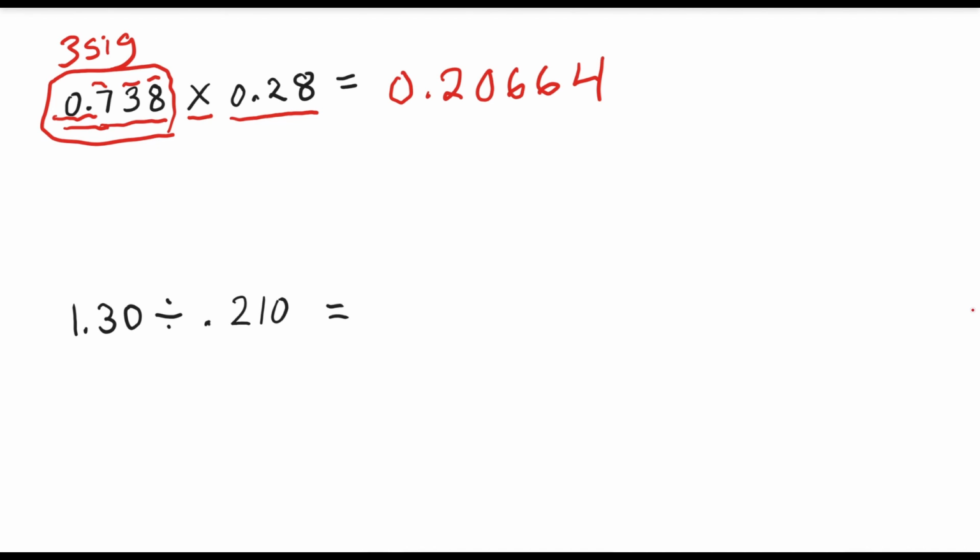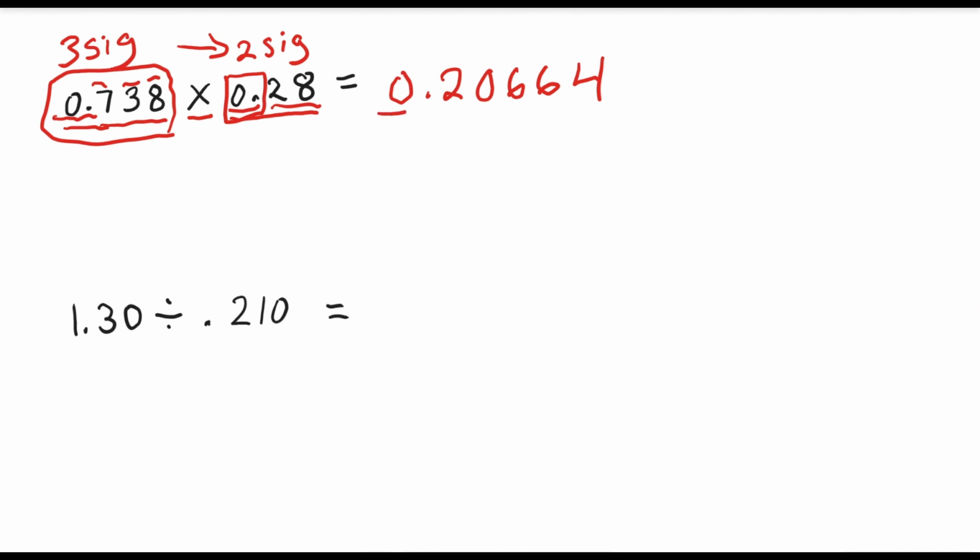Here we have 0.28. Leading zeros are never significant. So here we only have 2 significant figures. And we're going to use the least of the 2. In this case, the 2 is less than 3. So our final answer needs to be rounded off to 2 significant figures.